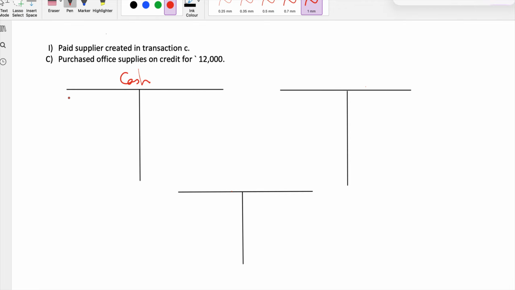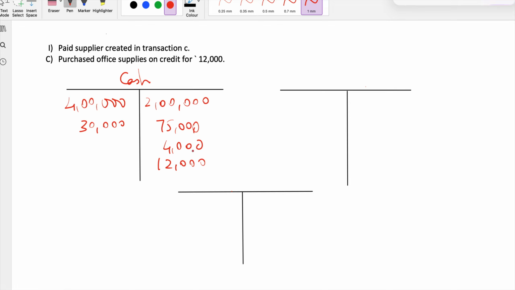So cash, if you see, this is the position of cash account, sorry, 4,000. Okay, now they are paying, so cash balance will decrease, or the asset is going out, so we have to credit it.